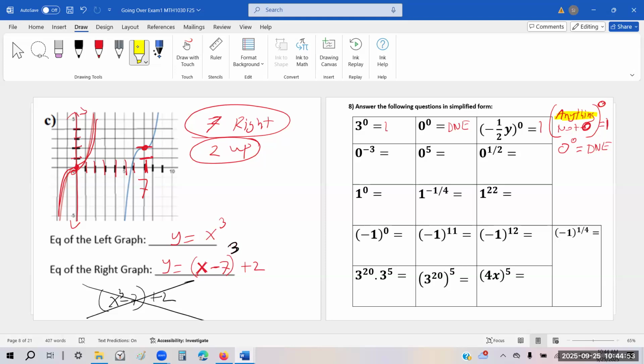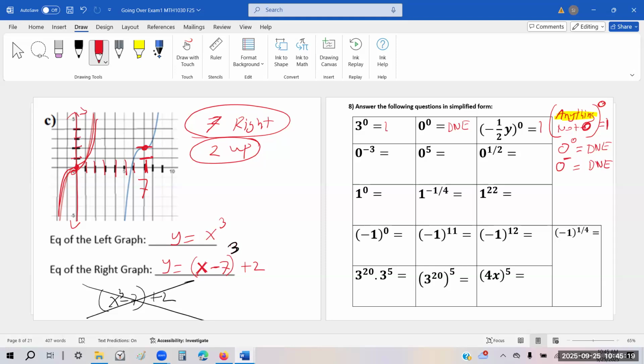So we have 1 and DNA on the first row. And then we have 0 rules. We already know 0 to the 0 doesn't exist. How about 0 to any negative power? Still doesn't exist. 0 is the most strict number. It can only take positive power. It cannot take any negative power or 0 power.